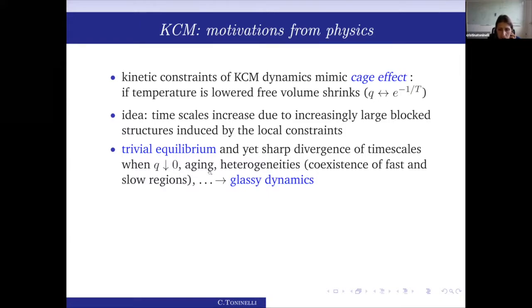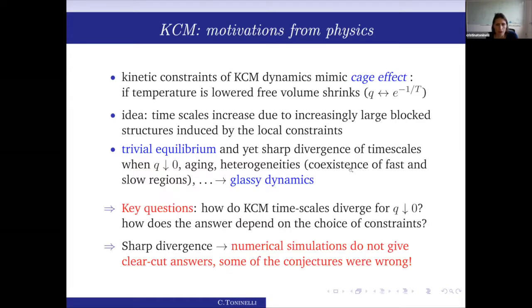They display aging, so memory effects: out of equilibrium, they display behavior which depends on the history. They display dynamical heterogeneities, namely essentially the coexistence of fast and slow regions. So all the phenomenology which goes under the name of glassy dynamics and which is shared by the supercooled liquids.